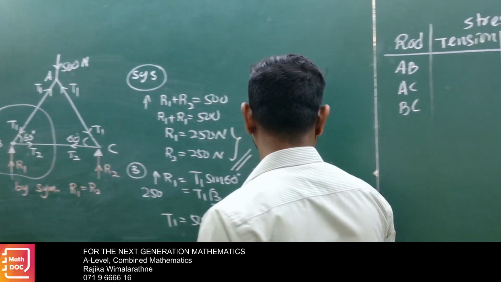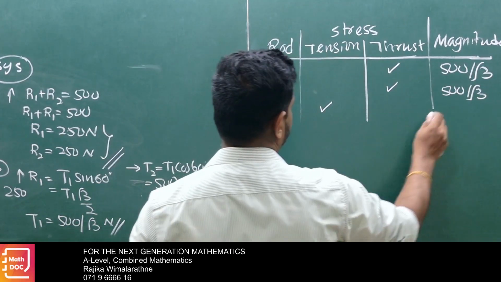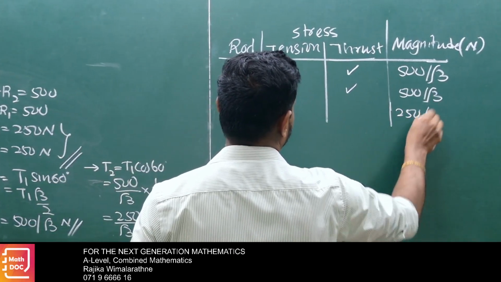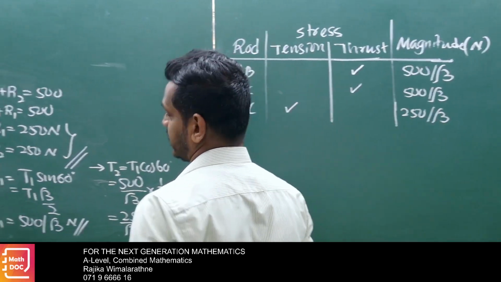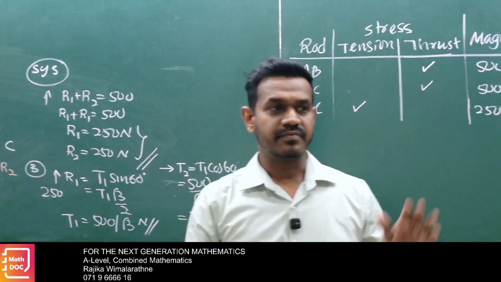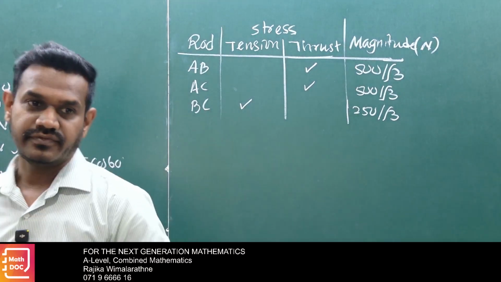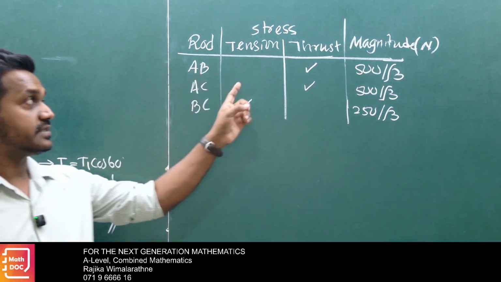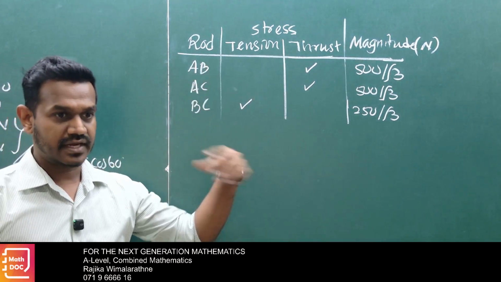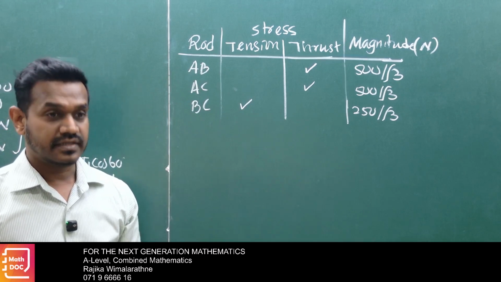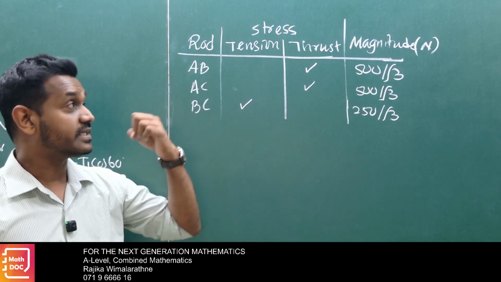So it is 250 over root 3. Okay, complete the table. Here we need to identify stresses and magnitude.